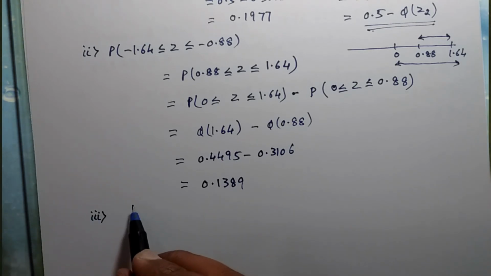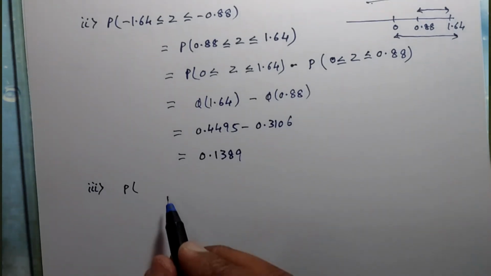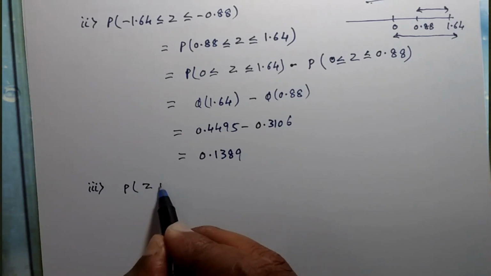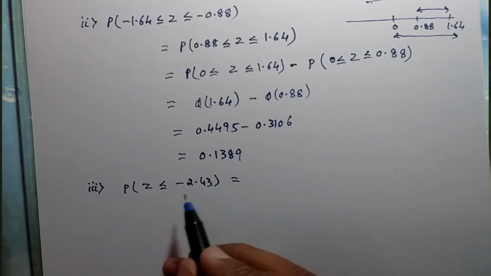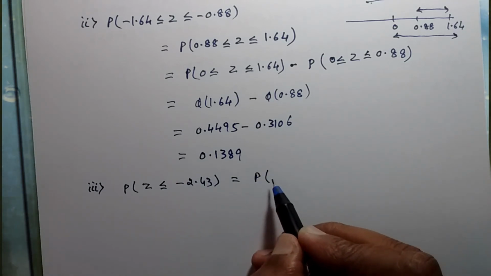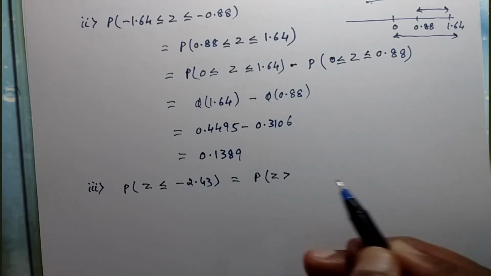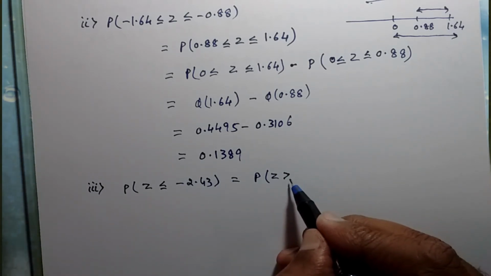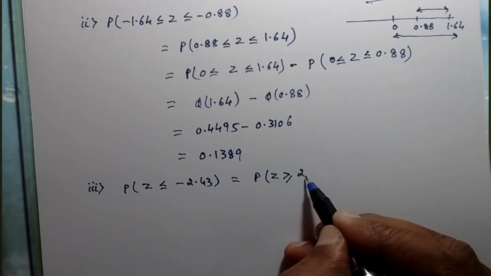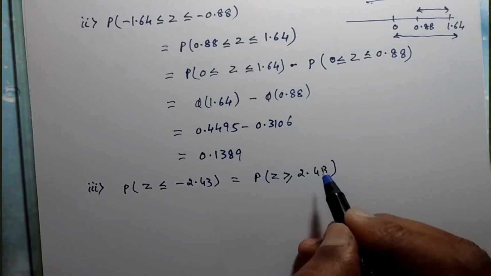So refer back to the question. The third result is the probability when the value of z is less than or equal to minus 2.43. Because it is a negative value, if you write it in terms of the positive value, it becomes z greater than. When you write greater than, this negative sign will go off and you will get the value equal to plus 2.43.